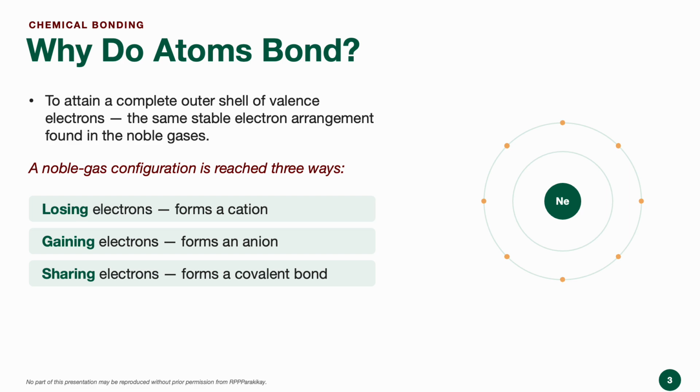Atoms can also gain electrons, becoming a negatively charged anion. Or if neither atom wants to fully give up electrons, they can share them instead, and that's the case for covalent bonding. So which path an atom takes depends on where it sits on the periodic table, and that's exactly what determines the bond type.